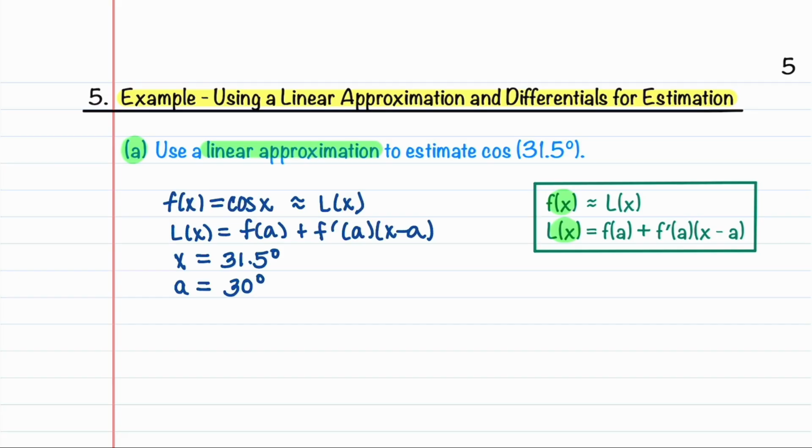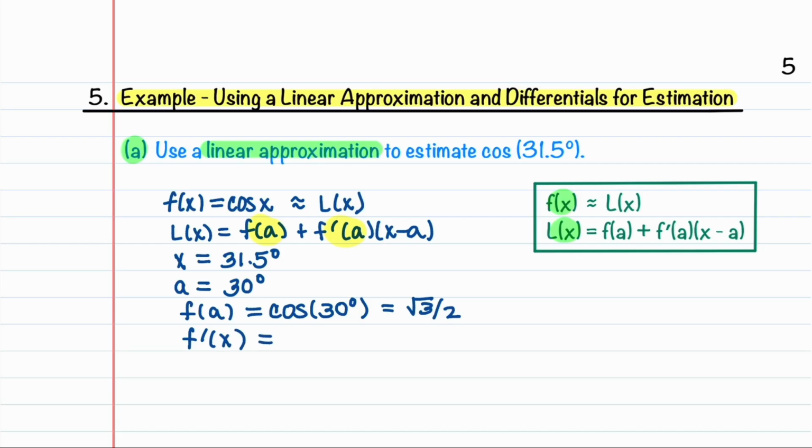Now what we need to find is f of a and f prime at a. F at a is cosine of 30 degrees, and that is root 3 over 2. Now we need to find f prime at a, so we first have to find f prime of x.